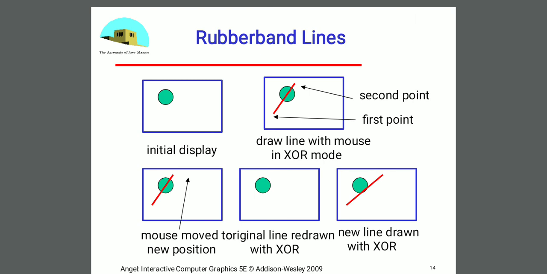Then the mouse is moved to the original line, redrawn. The new position is drawn with XOR also, and the last image you see is your final image. But first you tried in the middle, then something, then something else, finally you ended with that line. So what happened to the previous operations? That is called the rubber banding technique. By using selection mode, either you can select all the rubber banding clicks or only the final click.